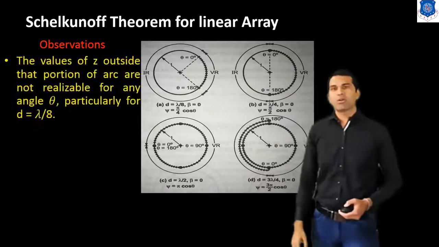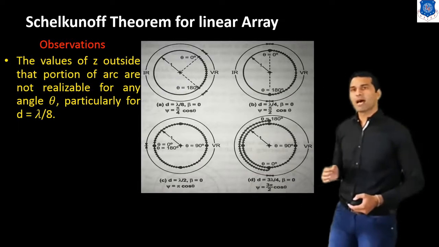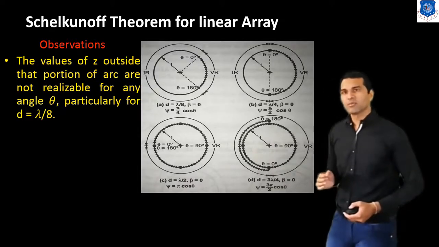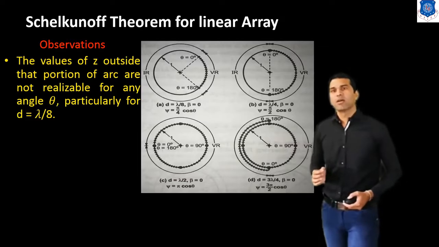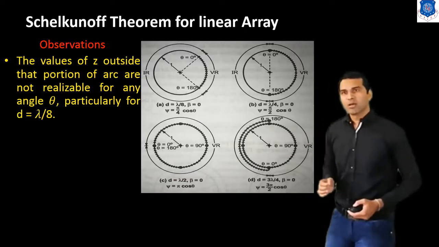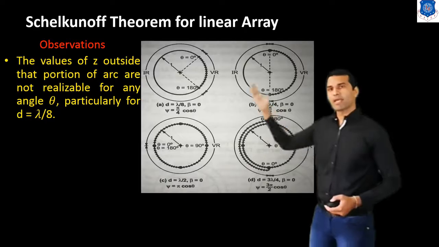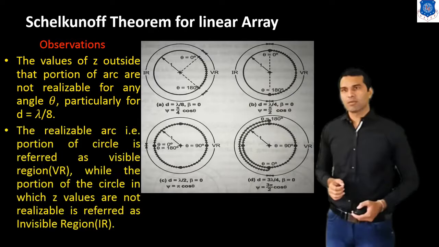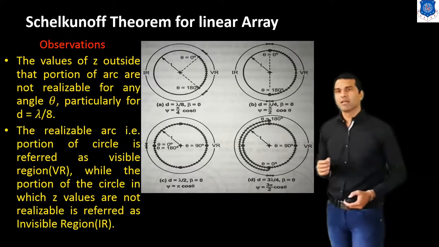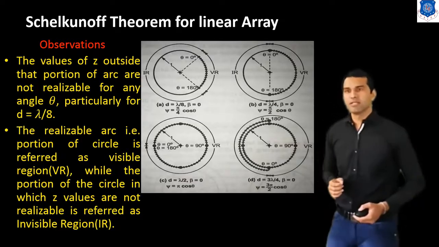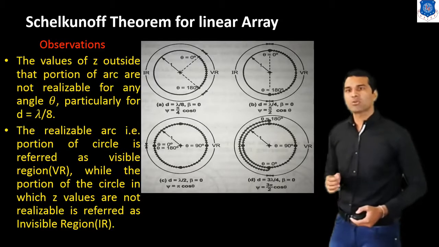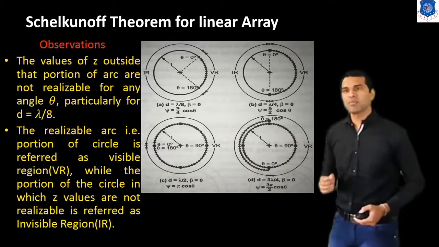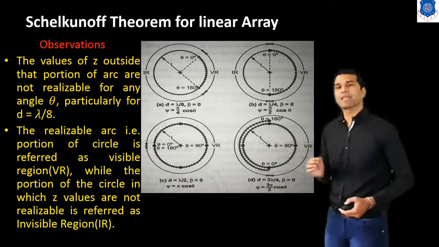Second, we observe that values of z outside the portion of the arc are not realizable for any angle theta, particularly for d equal to lambda by 8. The realizable arc, that means the portion of the circle, is referred to as the visible region VR, while the portion of the circle in which z values are not realizable is referred to as the invisible region IR.